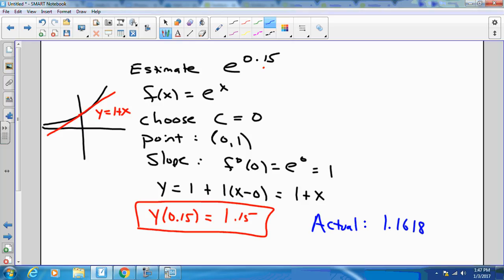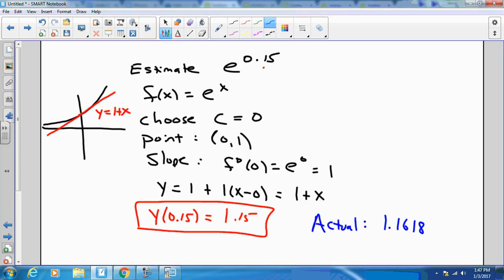Okay. Now, a couple of different directions we can go here. But one that's interesting to us is, what can we say about the quality of our estimates? In other words, this is not exactly the same as this. So what can I say about the quality of the estimates? Now, here I can find the actual value just by plugging into the calculator.